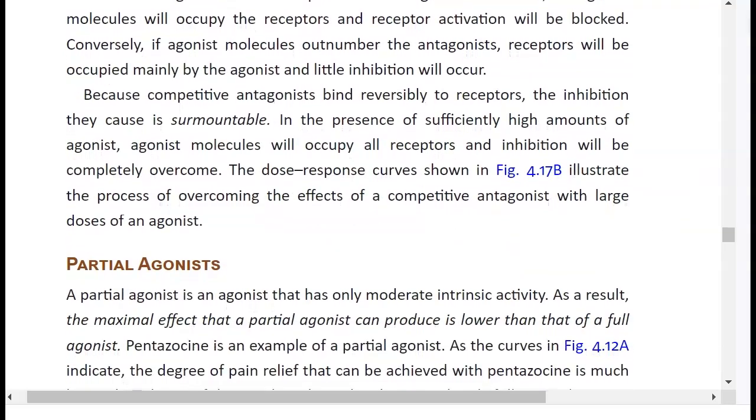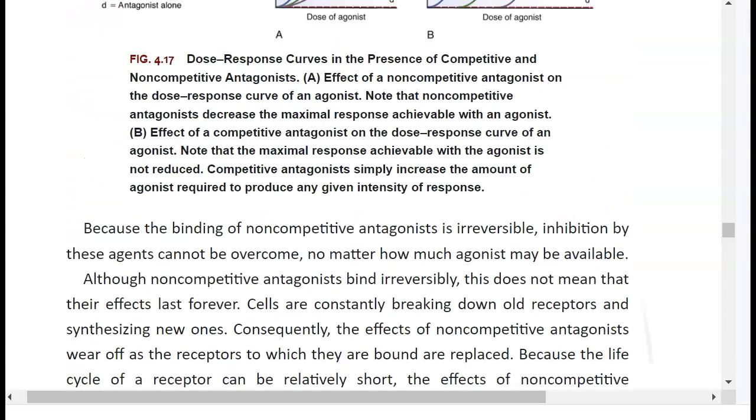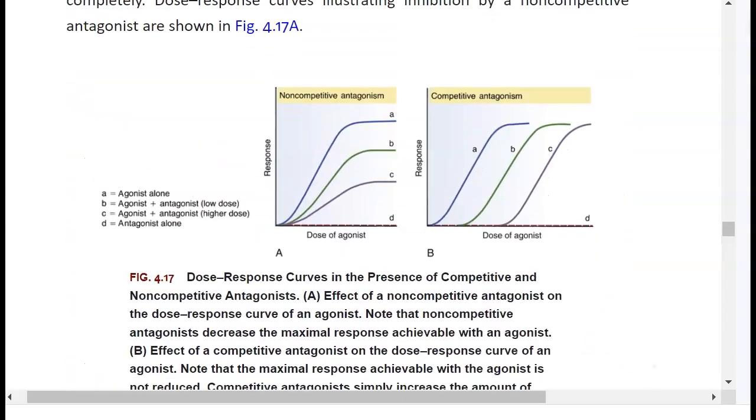In the presence of sufficiently high amounts of agonists, agonist molecules will occupy all receptors and inhibition will be completely overcome, which is seen here.